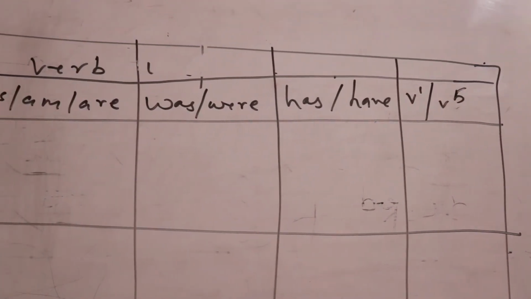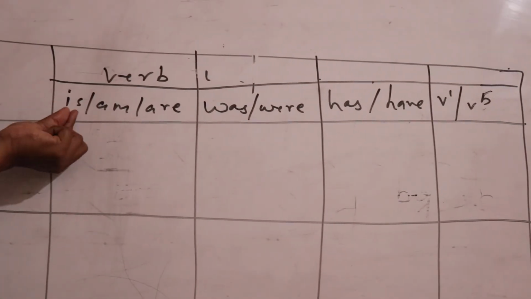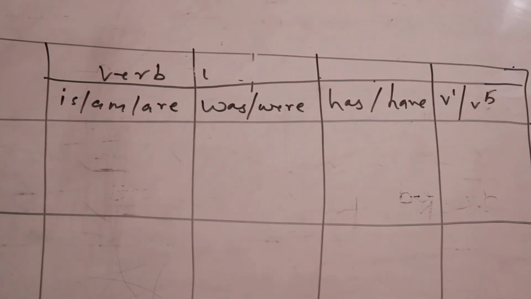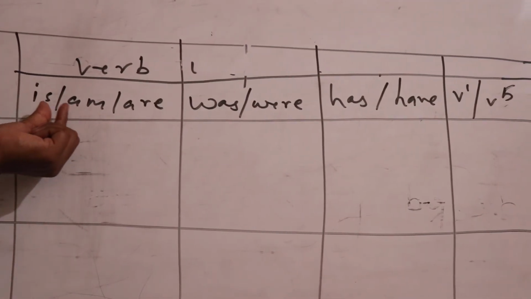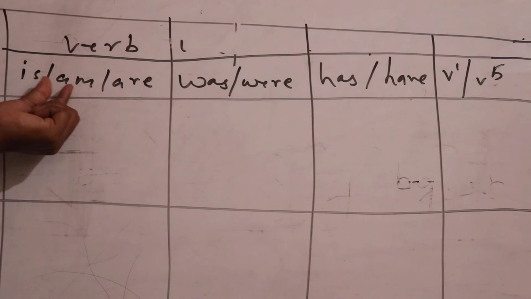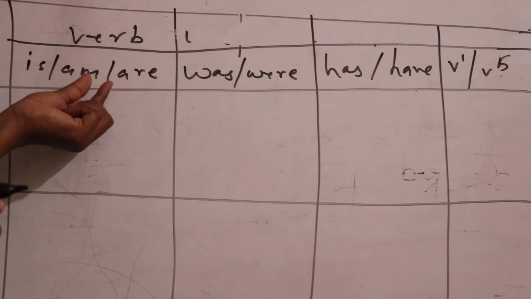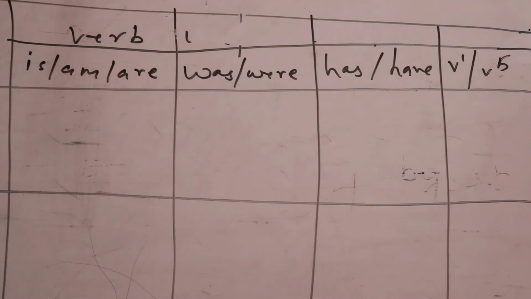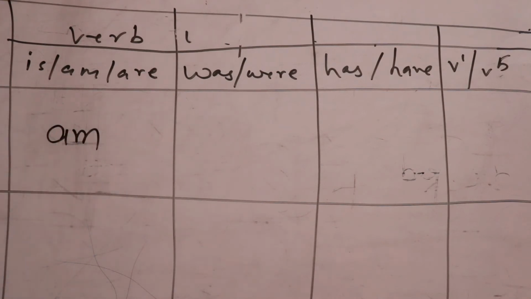Anything missing? No. Okay. So with I as the subject, from is, am, are, what will we choose? I is the subject, and what are we going to choose from these options? With I, what will you select? I am. In the present, am is matching with I, or I with am is the agreement.